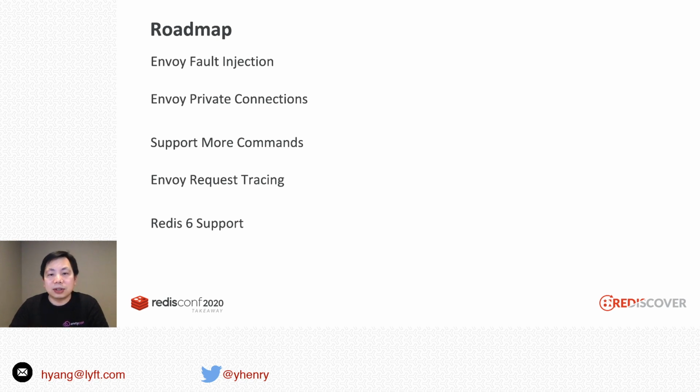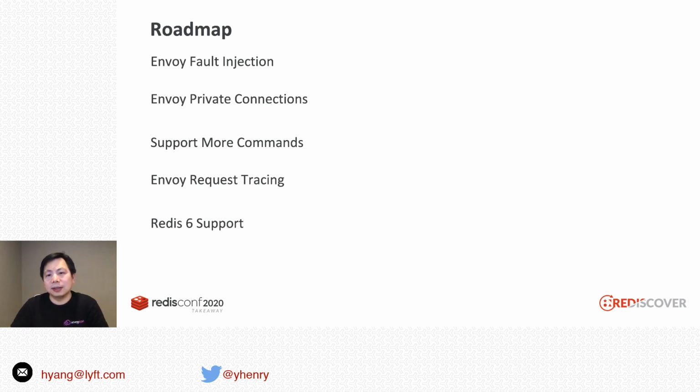We can also scope the Envoy fault injections to specific commands. This is very close to being done. The PR is already out. It should be through the review process any day now.